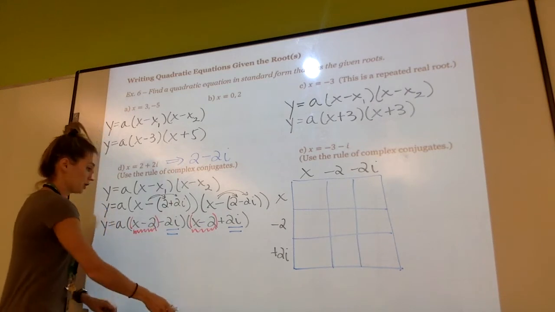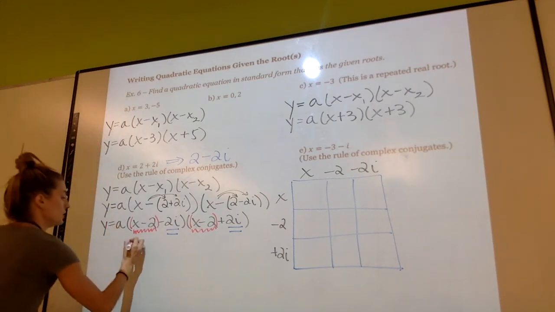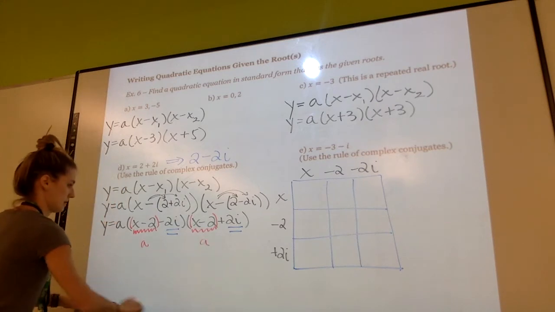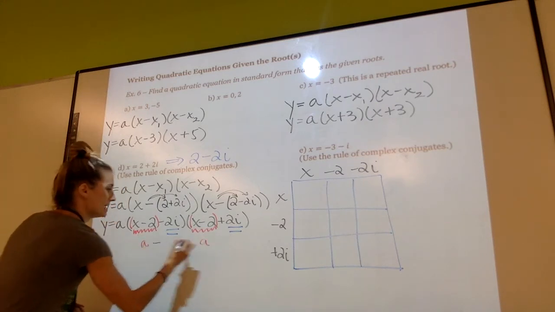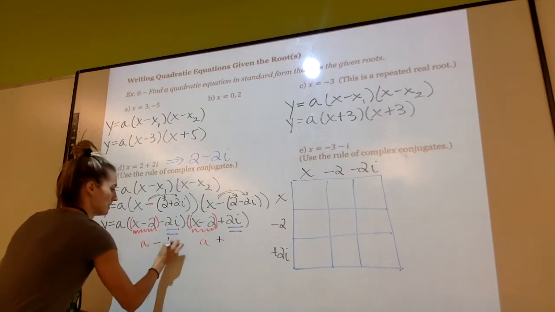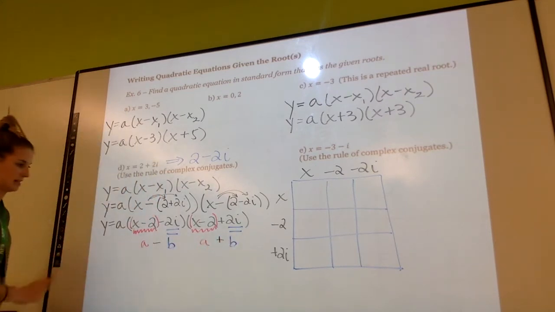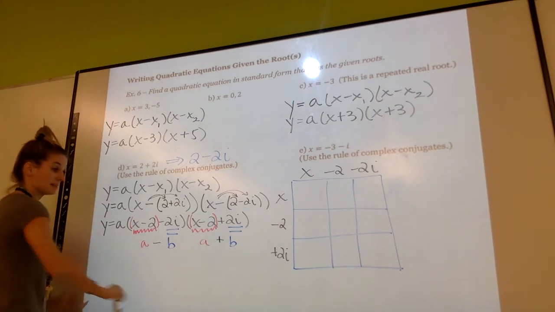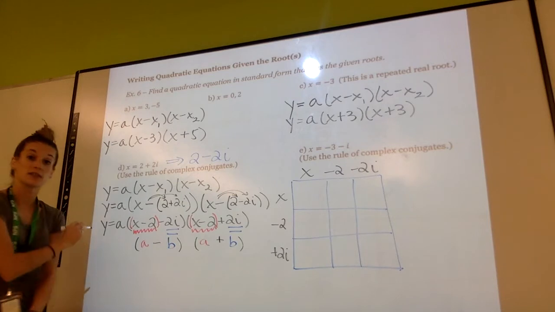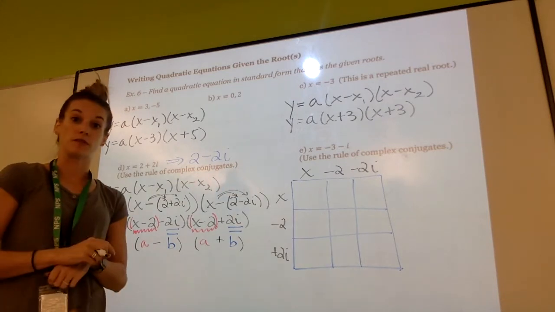In other words, you basically have this right now. You have a minus b and a plus b. A minus b times a plus b. That right there is the factored form of a difference of perfect squares.